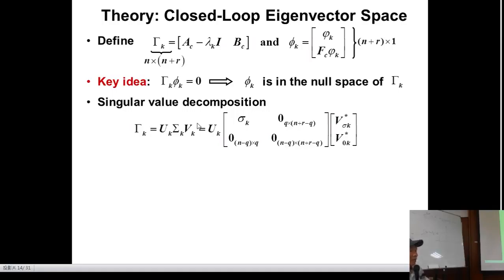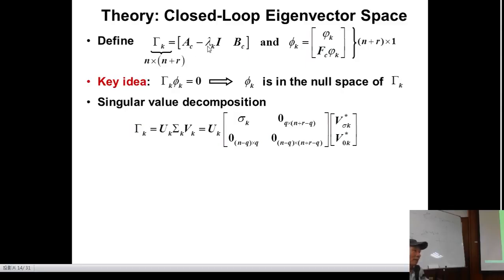Star means transpose and conjugate. I forgot to tell you that this gamma k, defined as AC minus lambda k, because lambda is complex, is normally a complex matrix.